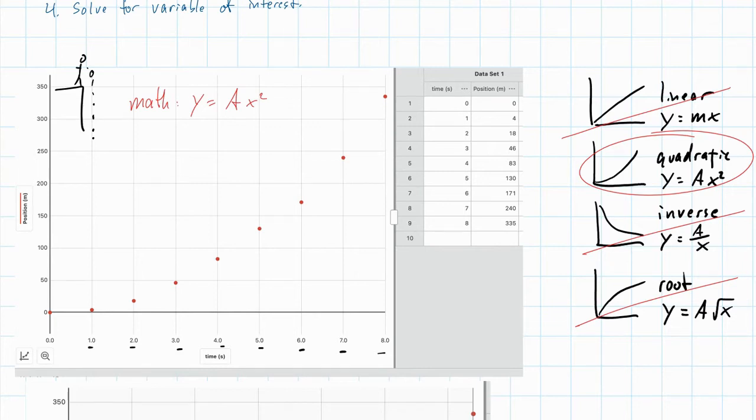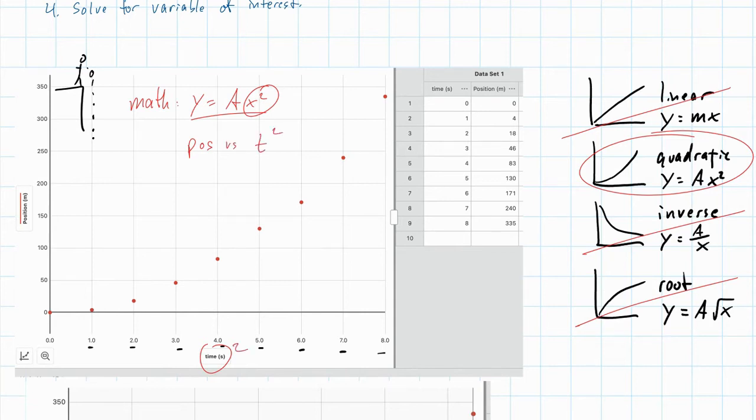Now we've got to dig in a little bit to first linearize it and then extract the linear equation. So this math equation essentially tells you what you should do to linearize your data. If it's y equals ax squared, that tells me that I should probably square my x-axis. So what I'm going to do is try to do y, which would be position, versus time squared.